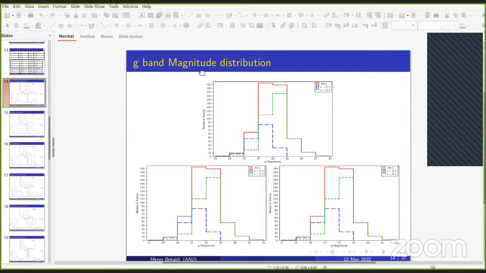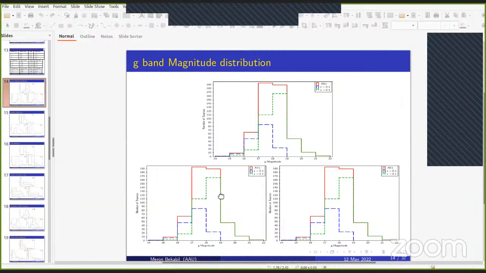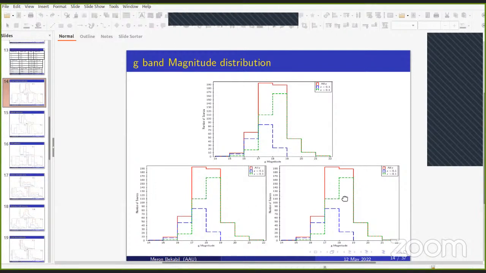The Gband magnitude that SDSS DR8 calibrated was expected to be around 22, but due to observational biases and instrumental problems and so on, we found it around here. So again, this is for AGN samples, this one is for Sy2, and this one is for LINERs.